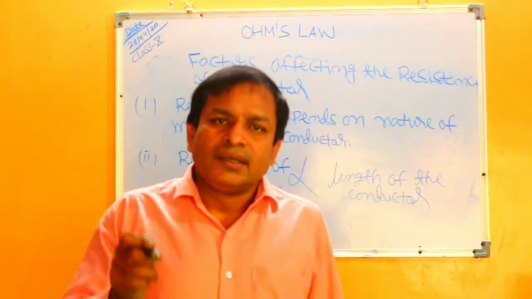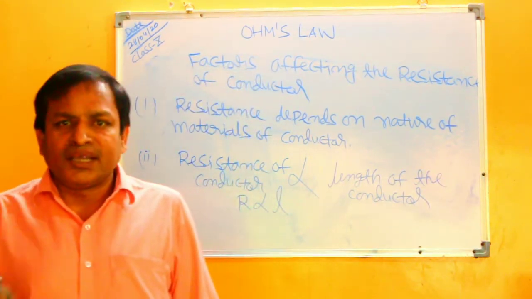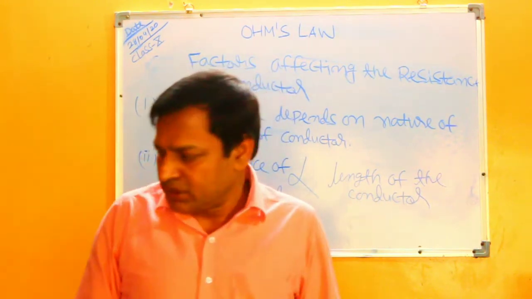And second, the resistance of a conductor is inversely proportional to the area of cross section of the wire. That is called thickness.